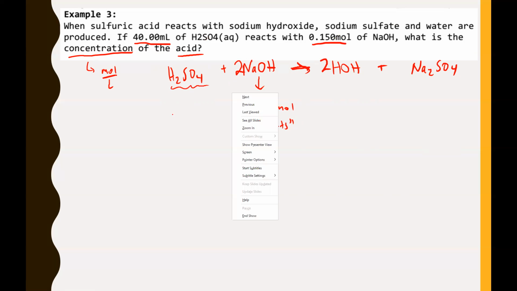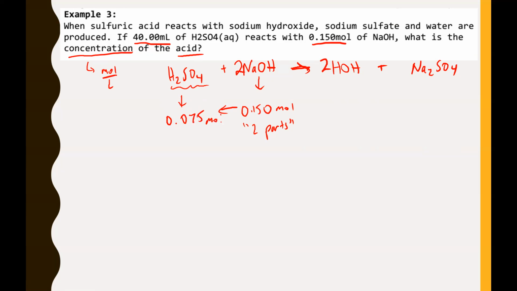Once again, though, we know we have 2 parts of NaOH, so we just need to divide this by 2 to figure out how many moles, I should say, of our acid we have. If you go 0.150 and divide it by 2, you're going to end up getting 0.075 moles. Now here's the fun part. This is how many moles of sulfuric acid we have.